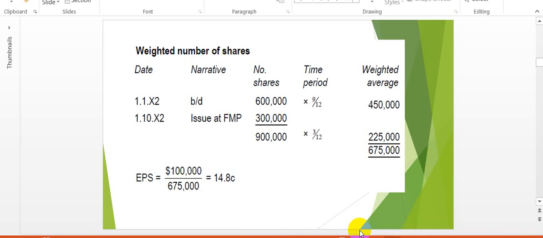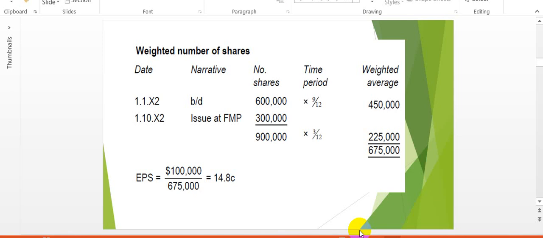And then from 1st October, there was a full market issue of 300,000 shares. So from 1st October to December, we now have in issue 900,000 shares. These 900,000 were in issue for 3 months before December. So 900,000 times 3 divided by 12 gives you 225,000.